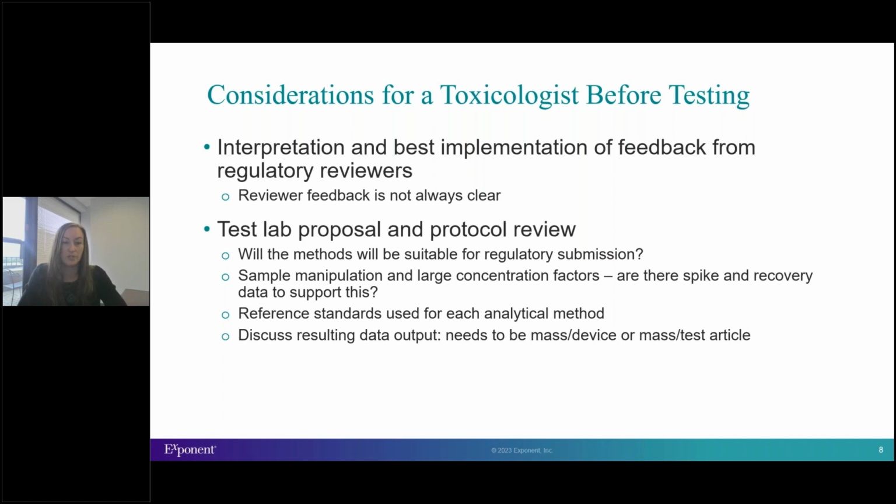So I always want to know if the lab has appropriate spike and recovery data to support sample manipulation. I also look at reference standards for each analytical method to make sure that those are appropriate. And I always want to discuss resulting data output. For the tox risk assessment, we need the results to be on a mass per device basis or mass per test article. So we want to make sure that we're aligned with the test lab on that.